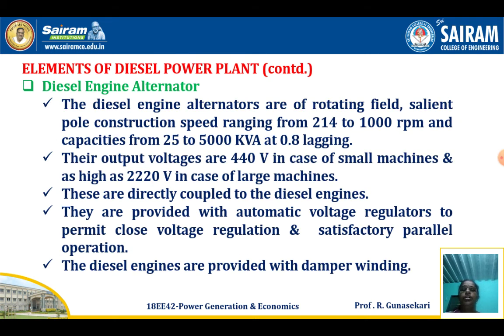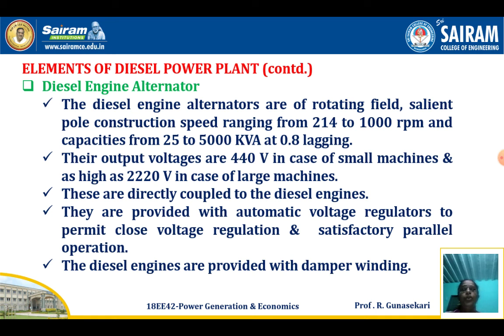Then diesel engine alternator. The diesel engine alternators are of the rotating field, salient pole construction, with speed ranging from 214 to 1000 rpm and capacities from 25 to 5000 kVA at 0.8 power factor lagging.